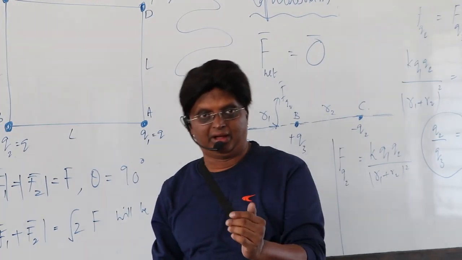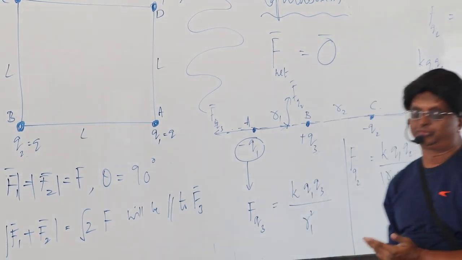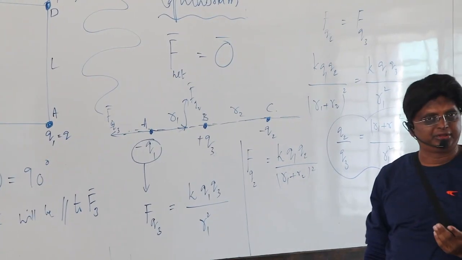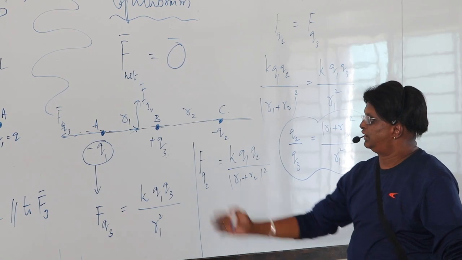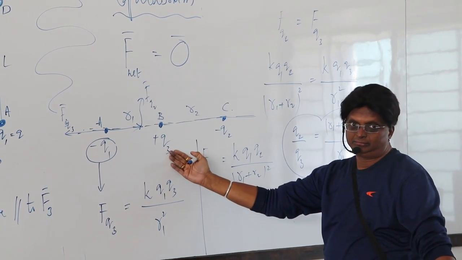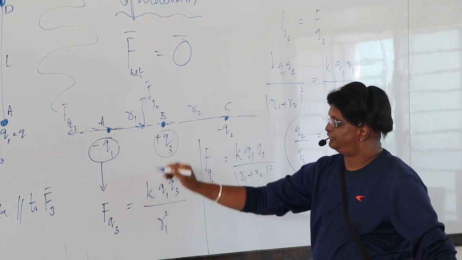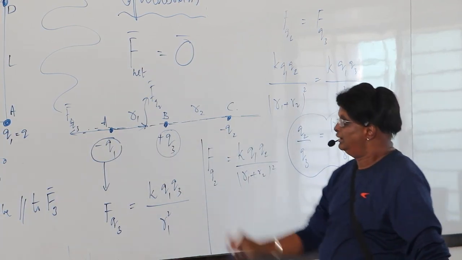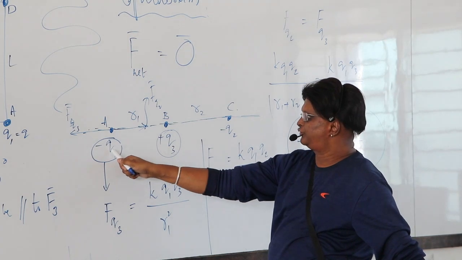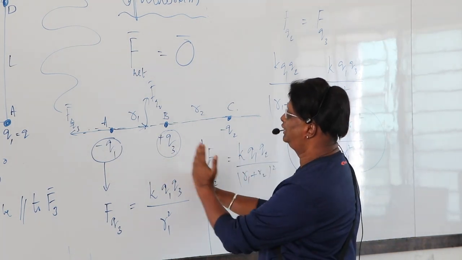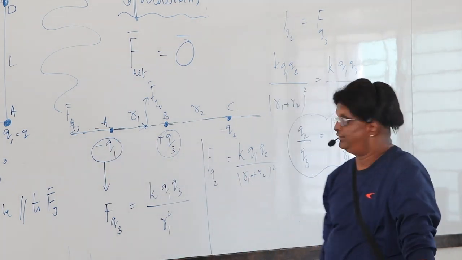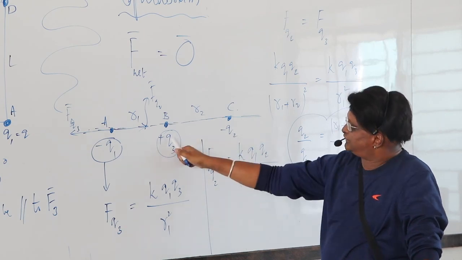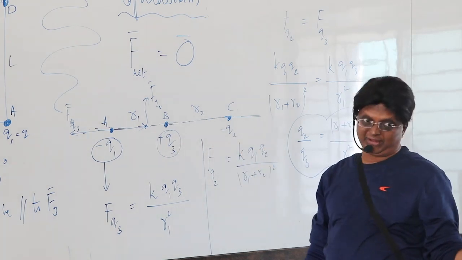Similarly, you can verify the conditions for the other two charges, whether there is a possibility or not. Now in the same case, Q3, I have taken as positive and the other two are like charges. Therefore Q3 is attracted by Q1, so the force is towards your left hand side, and due to Q2, the force is towards your right hand side.